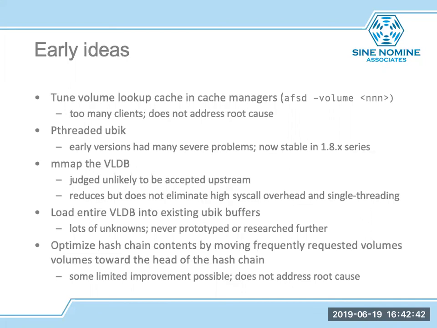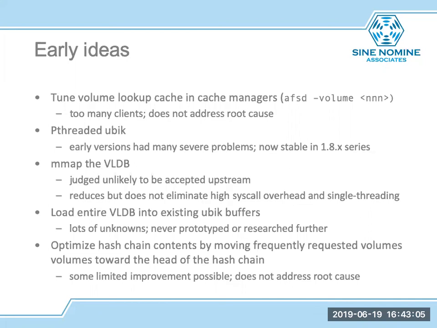Another thing that was suggested is that if all of the volumes that I really want, the ones I use all the time, are out at the end of the hash chain, why don't we just move them? And that's actually not a difficult thing to do. There's no tooling that does that today, but it wouldn't be hard to write a utility or a background daemon task within VLserver that took frequently referenced volumes and moved them up to the head of the hash chain. That's not a bad thing.